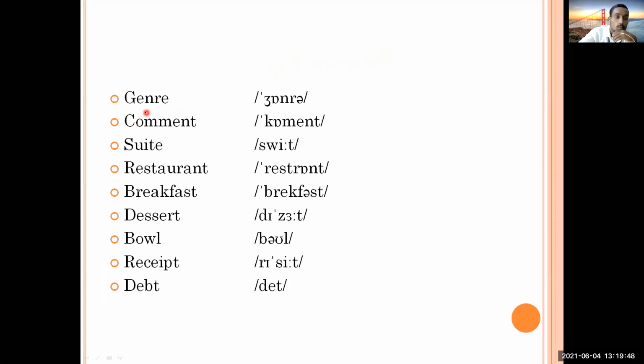So tell me, what is this? Genre. Yes, it will be pronounced as genre. Okay, try to understand spelling.